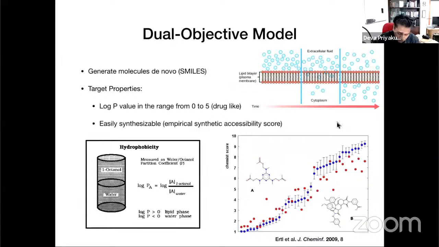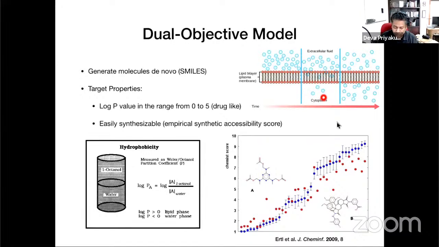Okay, so I will demonstrate this with respect to two properties. One is log P. Many of you may know, log P is the partition coefficient, which helps us assess whether a drug molecule can cross the lipid bilayer or not.